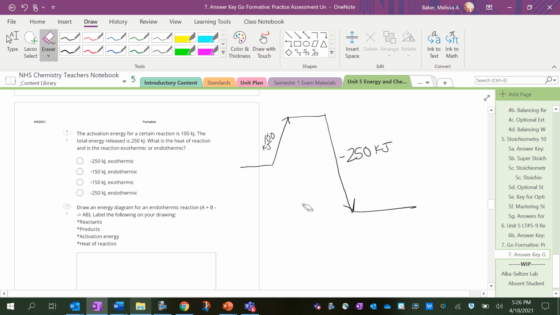Oops, I drew that a little too long. What is the difference between the reactants and the products? That's called the heat of reaction. Well, 250 minus 100, this is not drawn to scale, it'd be minus 150. And it's exothermic because it's releasing energy overall.